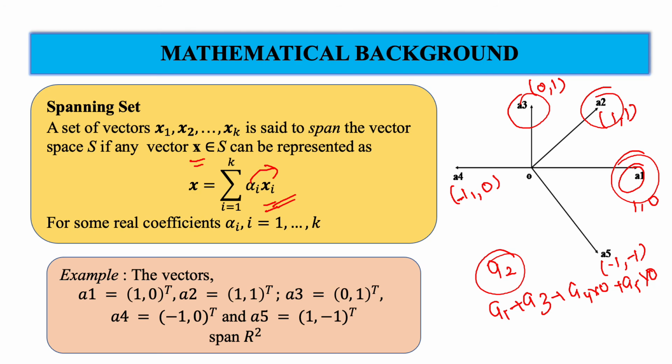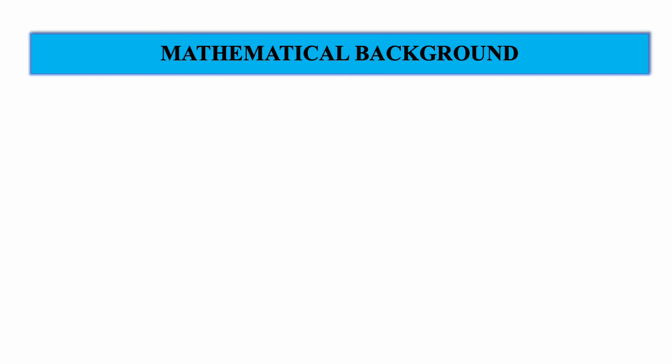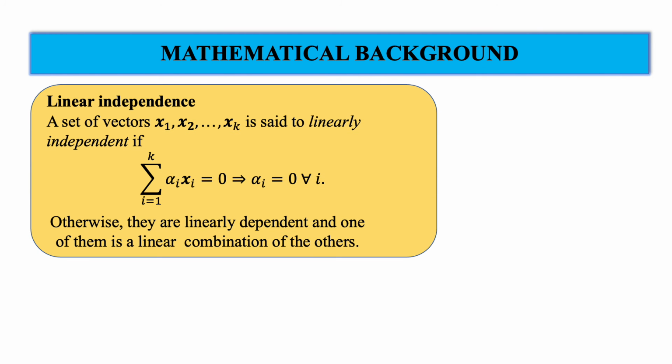Then what is the role of A2, A4 and A5? There is redundancy in this set of vectors which span R square. So we have to study the notion of linear dependence for this purpose.